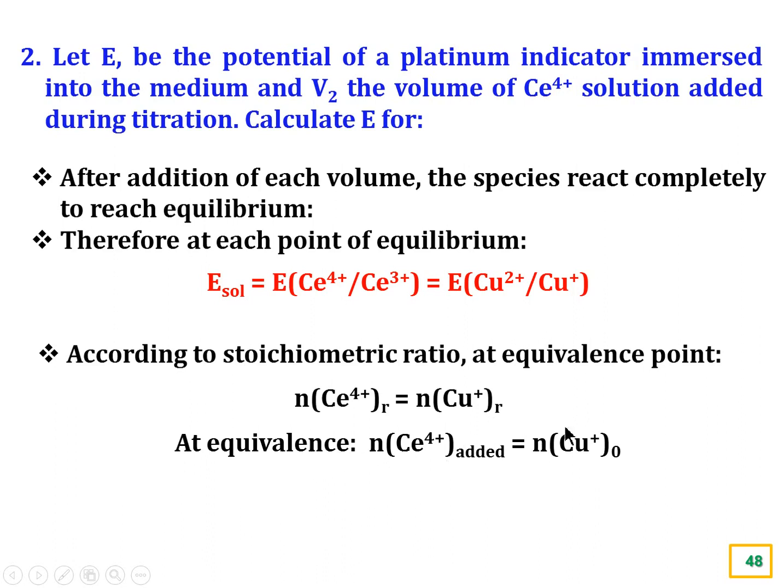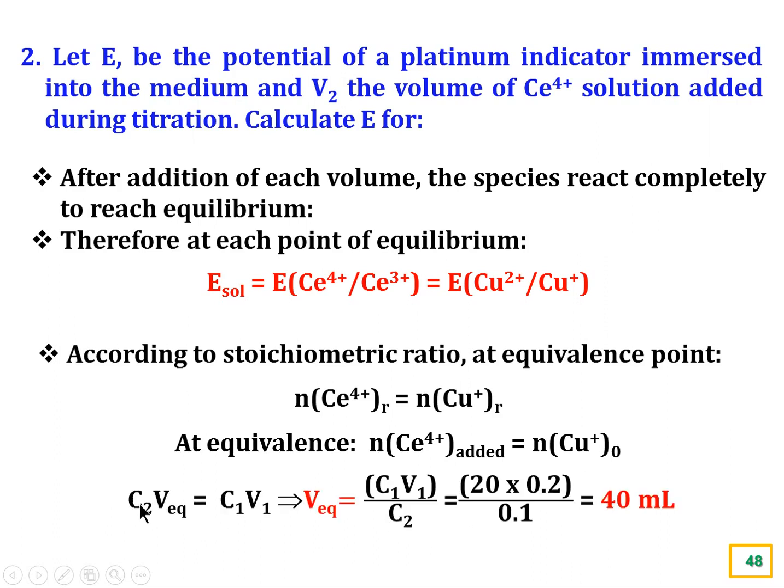So at equivalence, all Cu+ has reacted, so the number of moles of cerium 4+ added is equal to the initial number of Cu+, and C2 V equivalence equals C1 V1, so V equivalence is 40 ml.